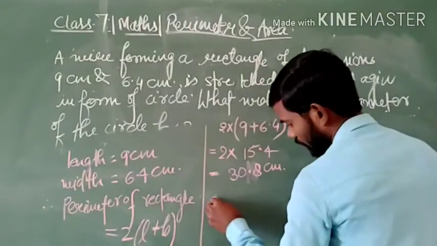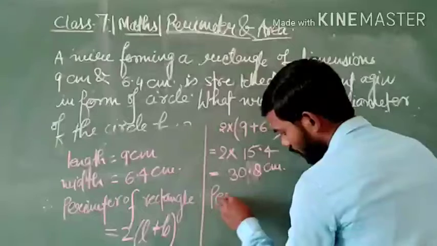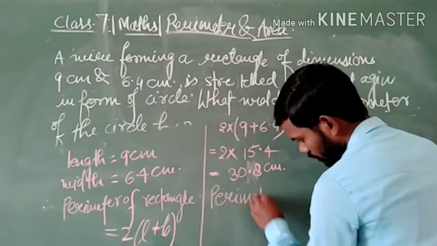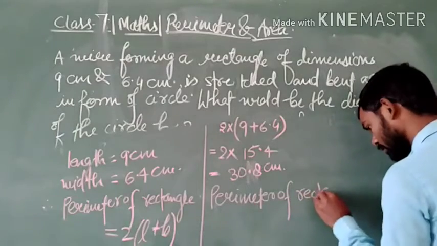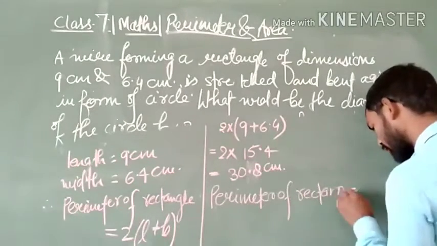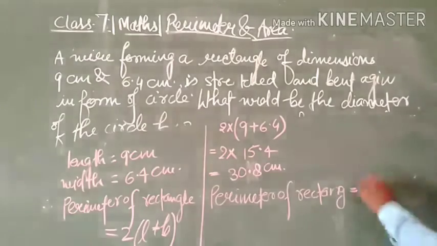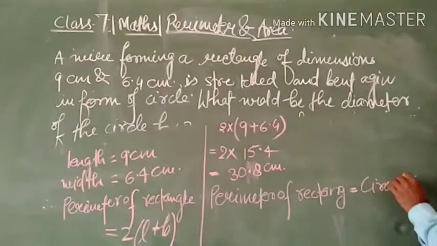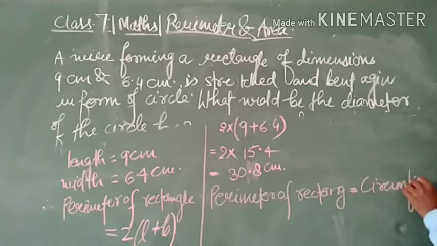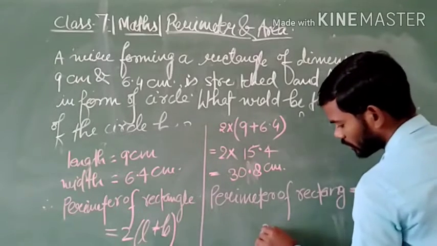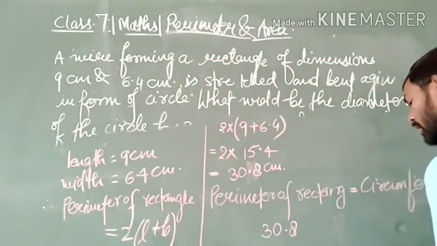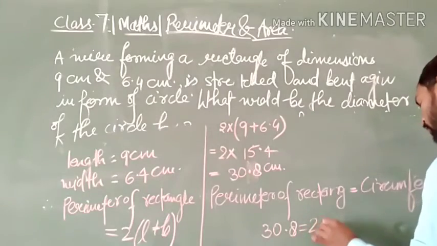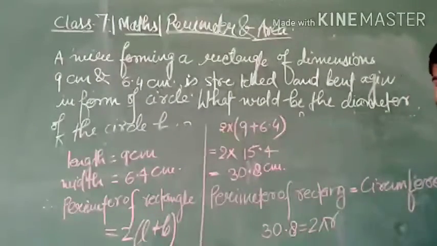So here we can say that perimeter of rectangle is equal to circumference, that is 30.8 is equal to 2 pi r.